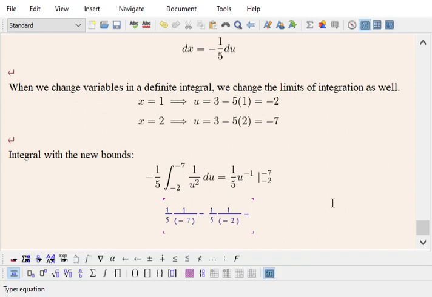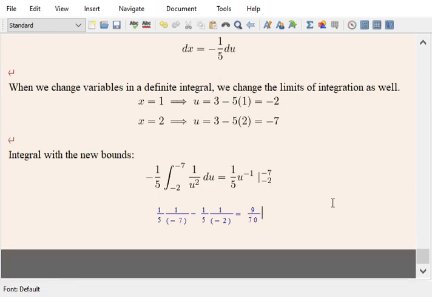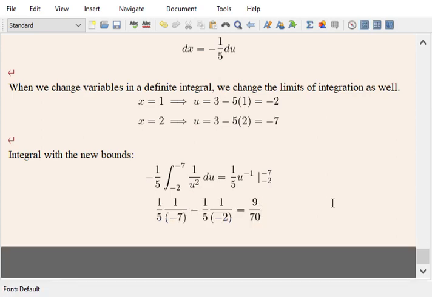And if you simplify that, what does that come out to? Let me see. I don't want to do it by hand, so I'm just going to do it in my calculator. 9 over 70. Neat. I think. Wait, no, it's not. That's the wrong sign.